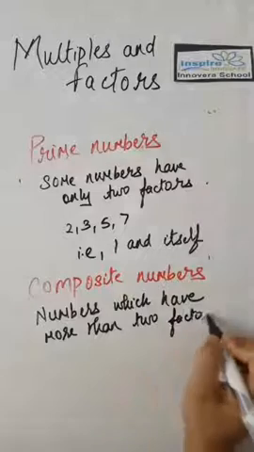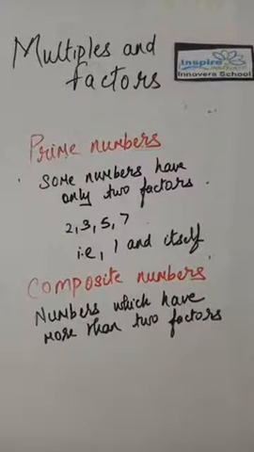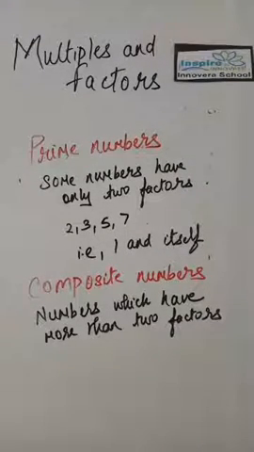Now which are those numbers? Yes, I am waiting for your answer. Which are the numbers which have more than 2 factors? 2, 3, 5, 7 we have seen have 1 and itself. The numbers which have 1 and itself are called prime numbers. Composite numbers are the numbers which have more than 2 factors. So which are those numbers?